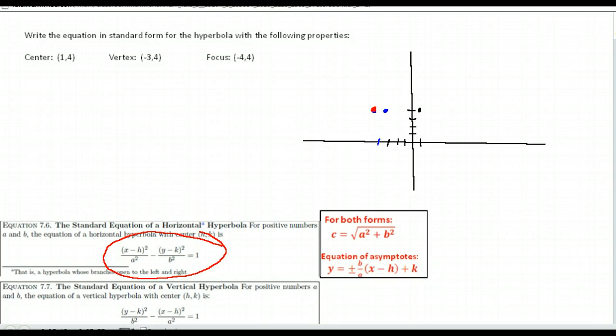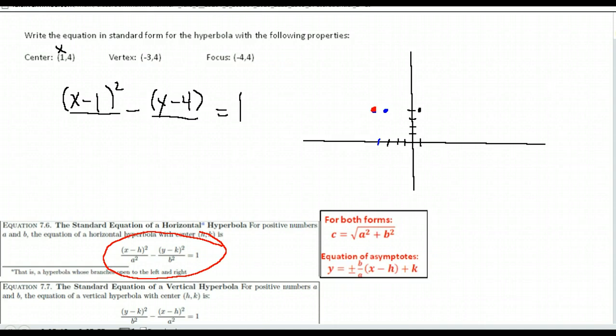We need those same things. We need the center, we need a, and we need to know b in order to write the standard form of the equation. This is a horizontal hyperbola, so my x is going to come first, and my y will come second. I know that my center is at (1, 4), so x minus 1 and y minus 4.